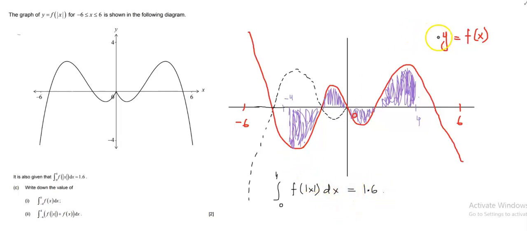Now if we look at the graph of y is equal to f of x, which is drawn with a red line up here, and the graph of f of modulus of x, which is drawn on the left side with the dotted line, and on the right-hand side it's the exact same graph as f of x, right? So if you look at this region, the one that I shaded with the purple marker, from 0 to 4, that's the shaded region, because integration is actually the area under the curve.